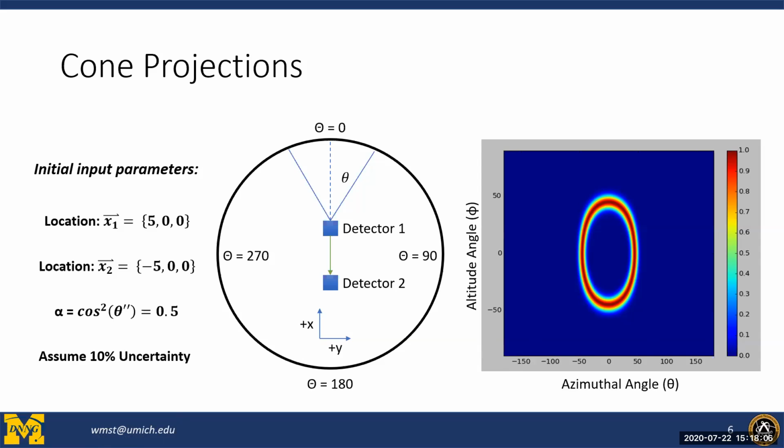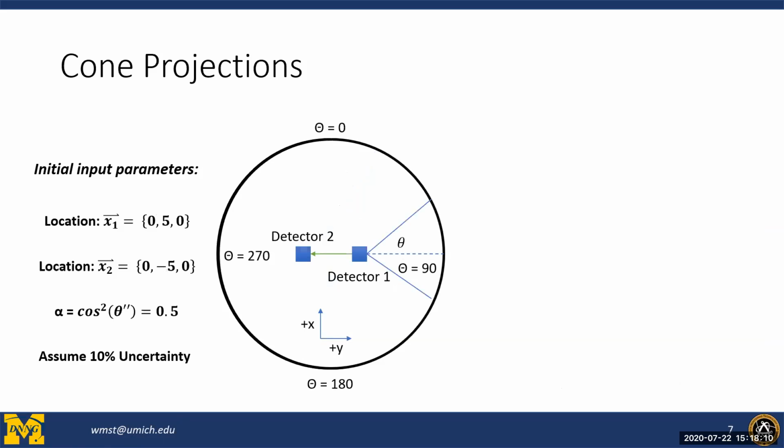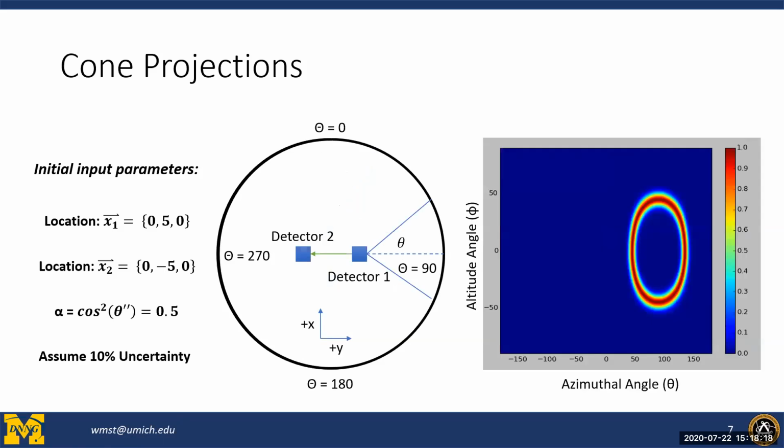And we can check by just switching out our positions for our detectors whether or not this is truly working, such that, let's say we're just doing this in the y direction, where we have the same input parameters. And if we do that, we can see that we've shifted our cone projection to the right by 90 degrees, as we expect based off of these reactions.